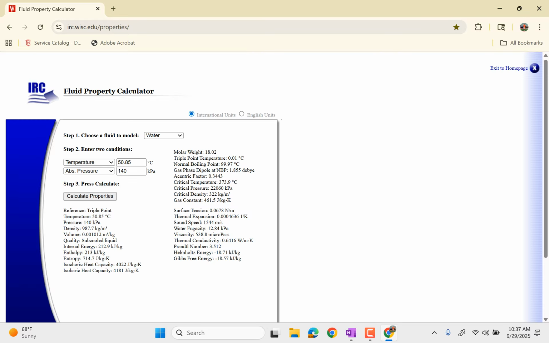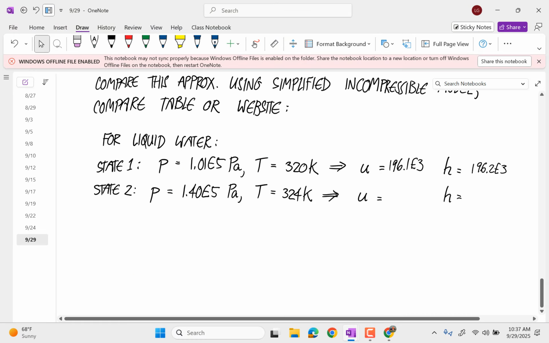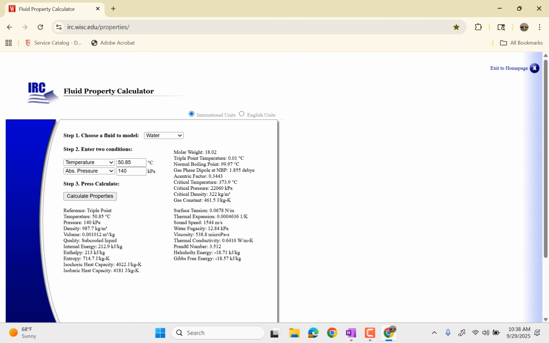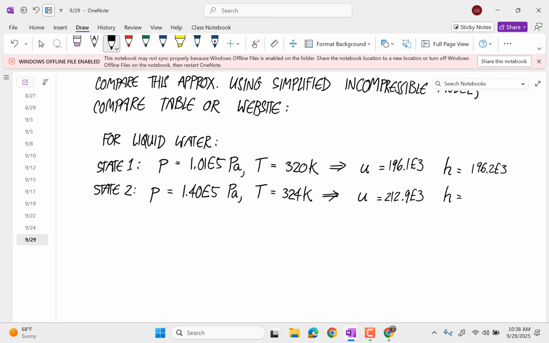And we have a specific internal energy of 212.9 times 10 to the third, a specific enthalpy of 213.0 times 10 to the third.